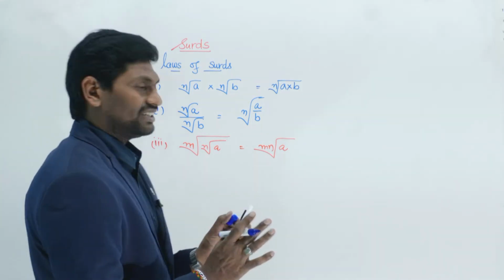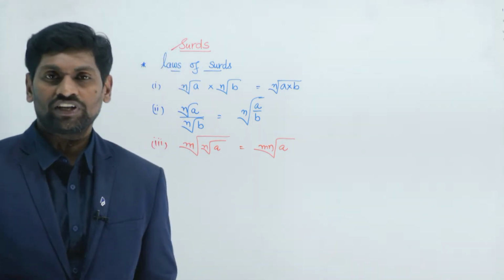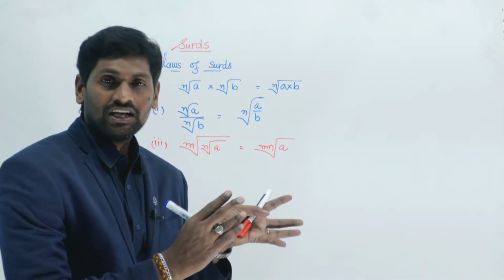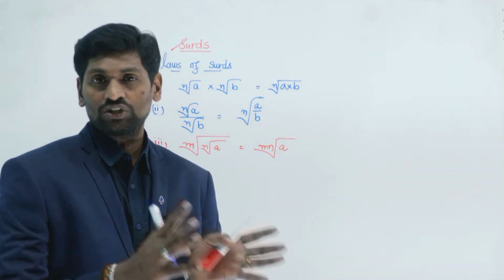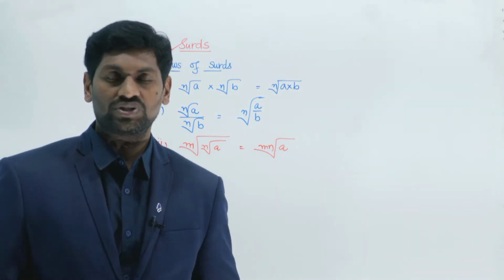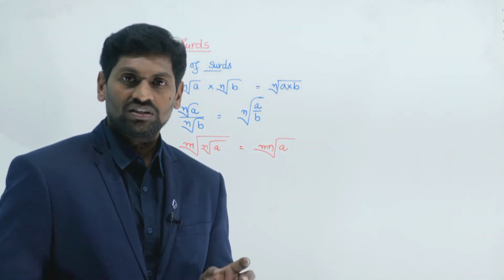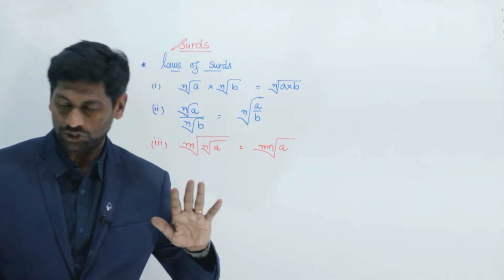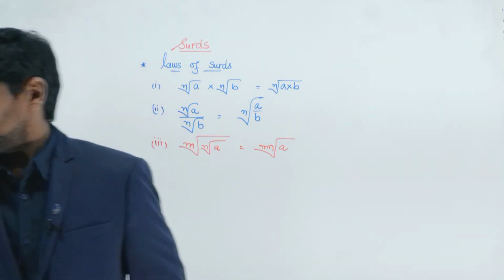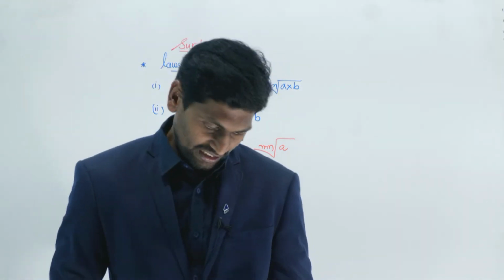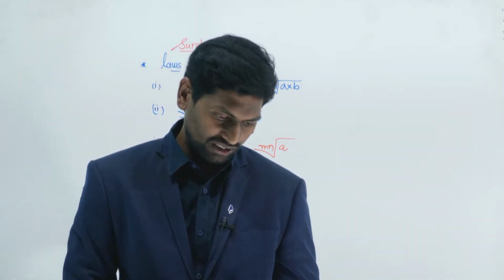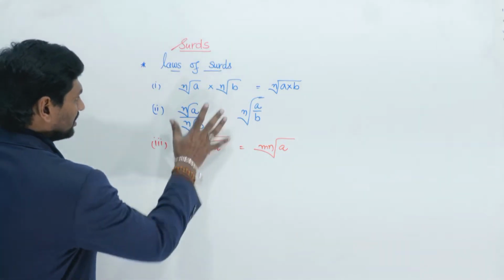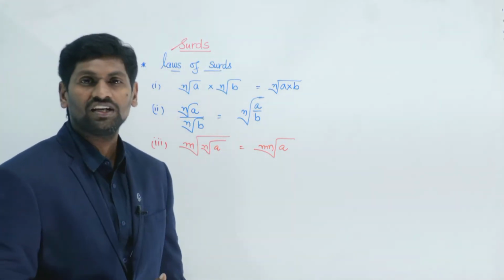Mainly these three are sufficient for solving a problem. What are the uses of the laws? We can convert a pure surd into a mixed surd and a mixed surd into a pure surd. For that we can use the laws of surds. Now let us see the problems based on the surds. So you have to remember these three laws mainly.